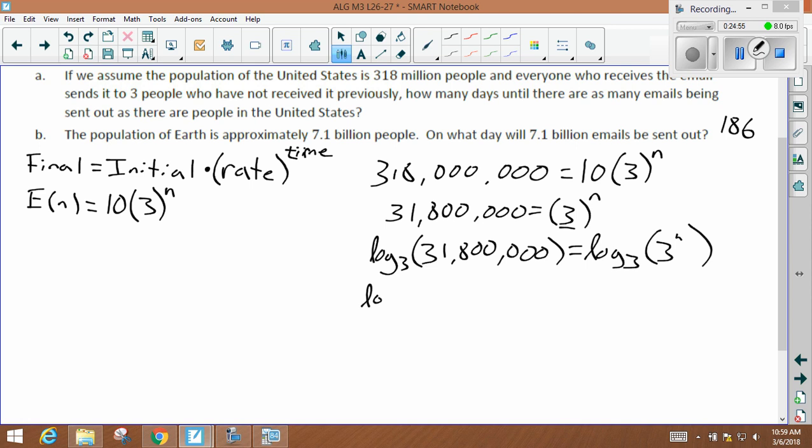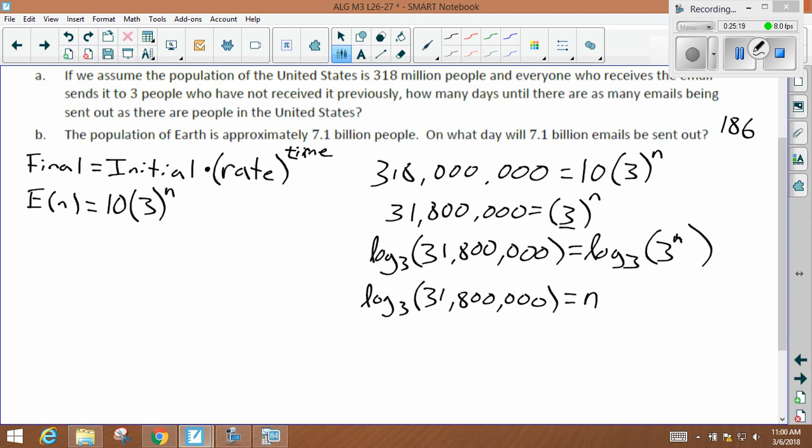I'm going to pull the exponent out. Having a hard time writing.